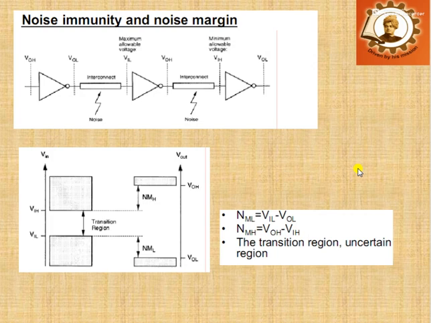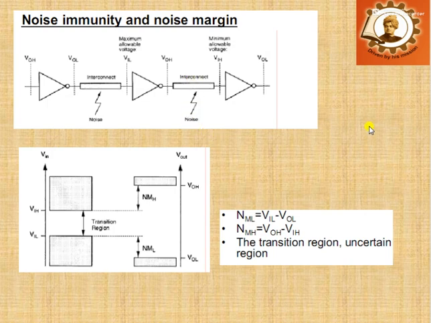The external noises have the characteristic of increasing or decreasing the voltage level. When the noise signal passes from the output of one inverter to the next inverter, the noise may get added to the signal, which may decrease or increase its value.